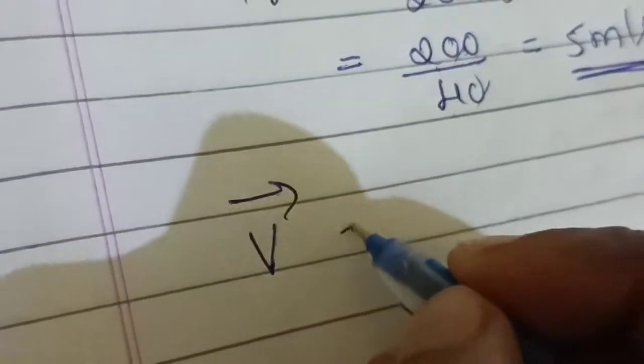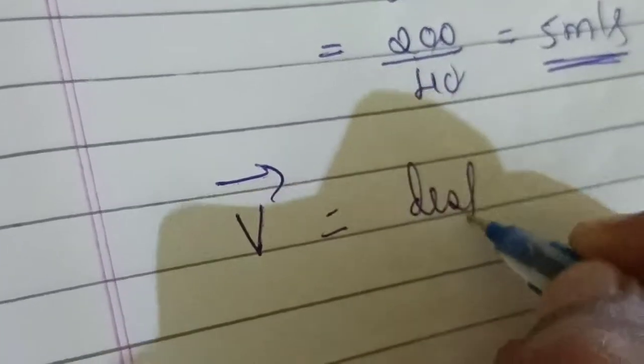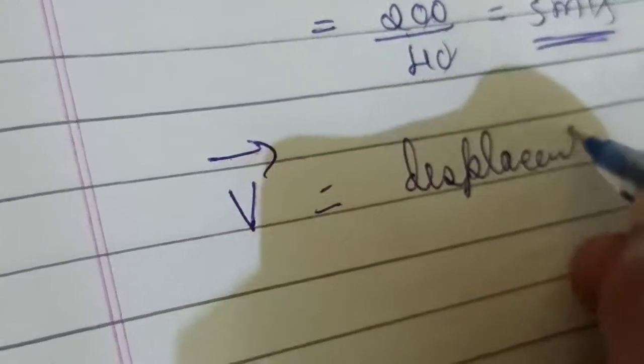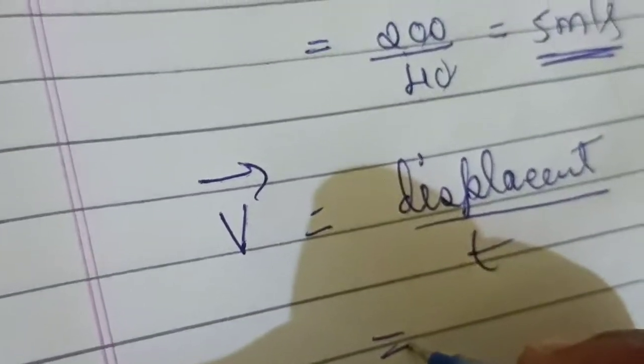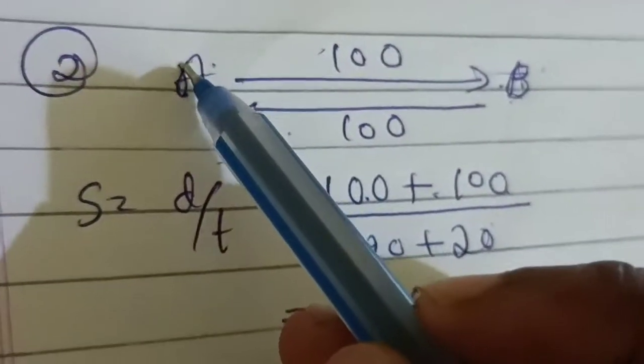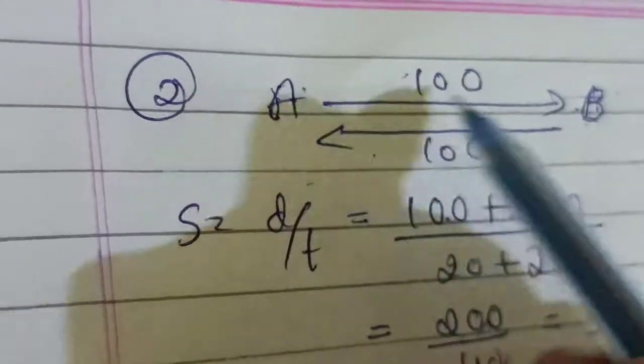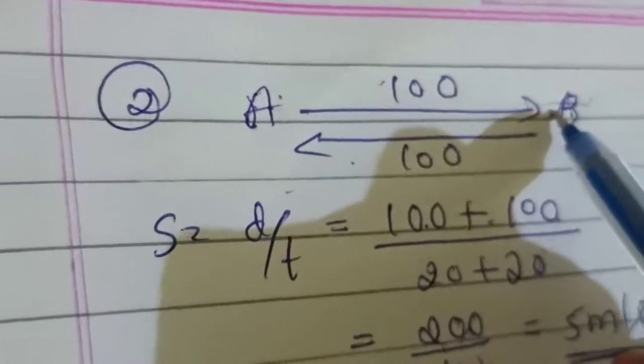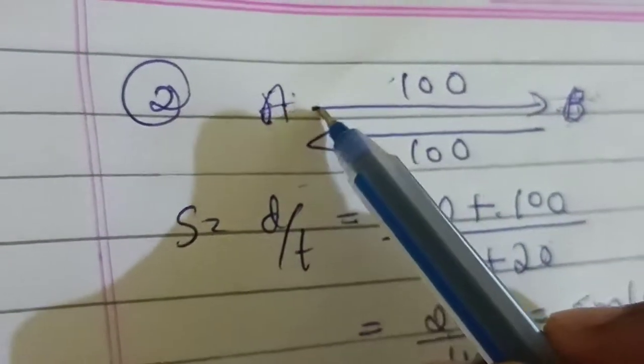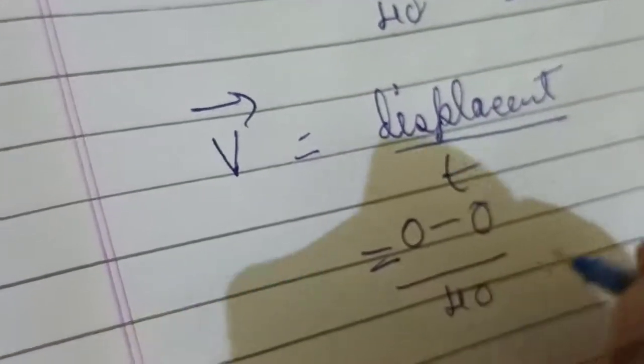Now what is the velocity? That is displacement by time. Now what is the initial position here? That is 0. He goes to the shop. Again he comes back, isn't it? Even the final position is what? 0 minus 0, and the time will be 40.